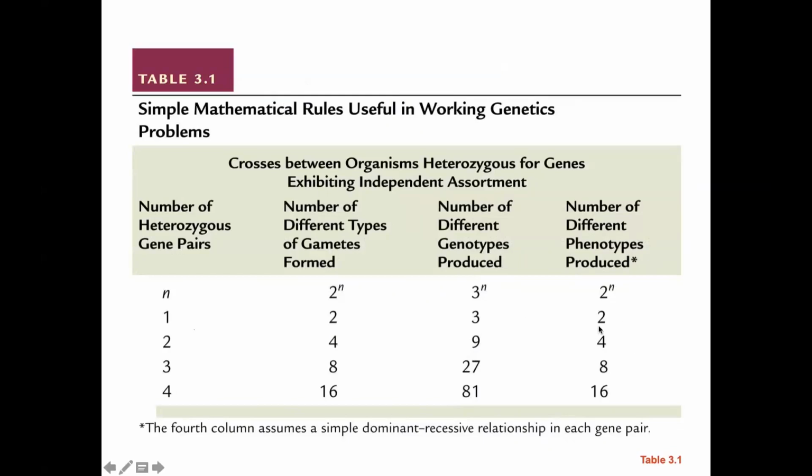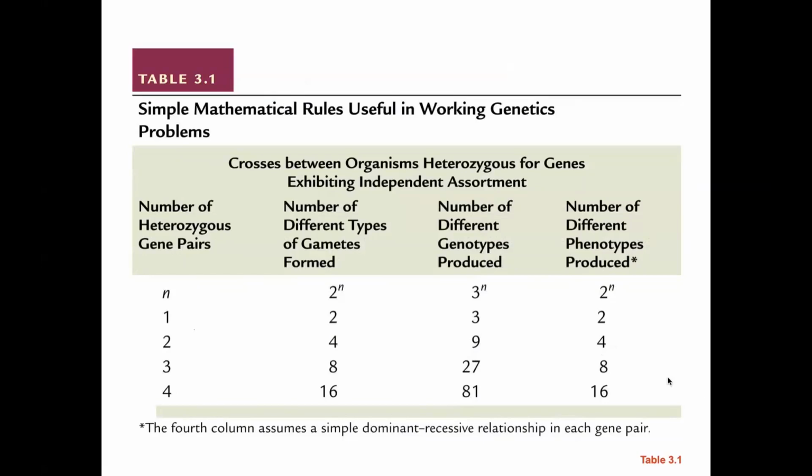It was 2, right? You're either dominant or recessive, 3/4 dominant, 1/4 recessive. What about the dihybrid? Well, there were 4 phenotypic types. You're either dominant, dominant, dominant, recessive, recessive, dominant, or recessive, recessive, in a ratio of 9 to 3 to 3 to 1.